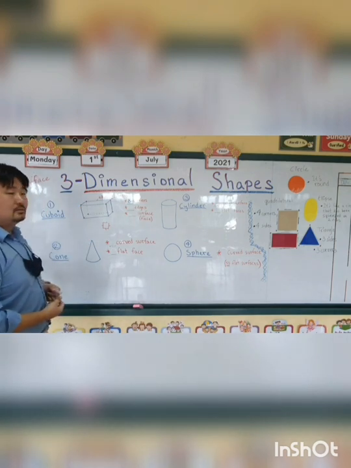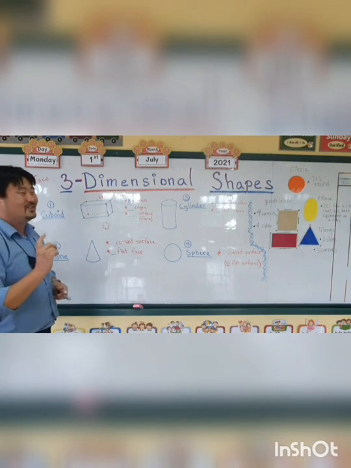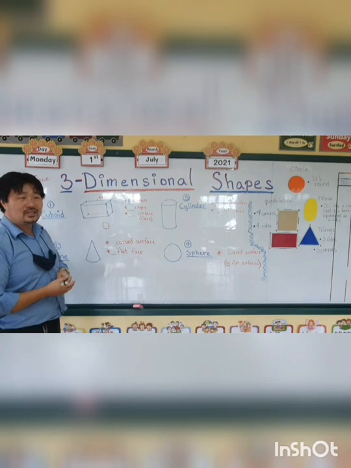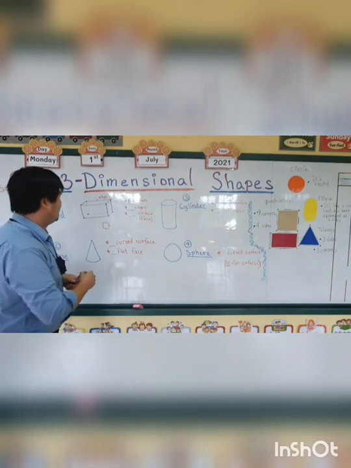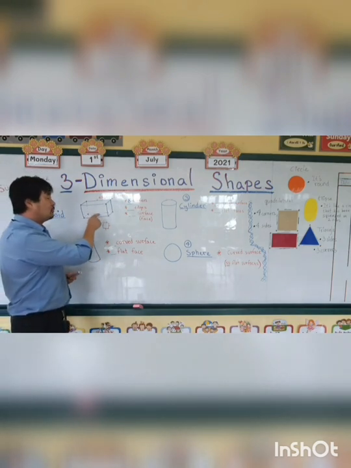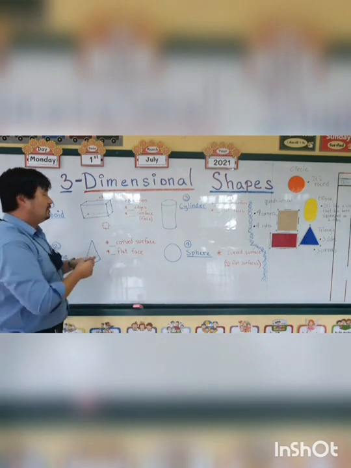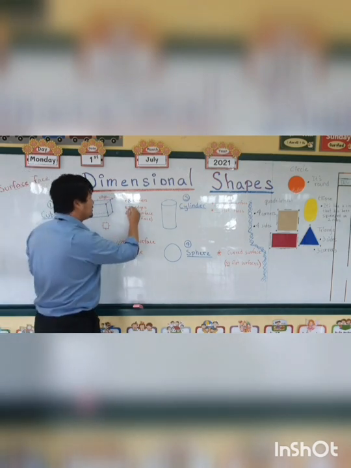Yes? No. Good. Because we have the edges that we cannot see. Good job. So I counted 9 and we add the edges we cannot see. 10, 11, 12. Good. So we have 12 edges.